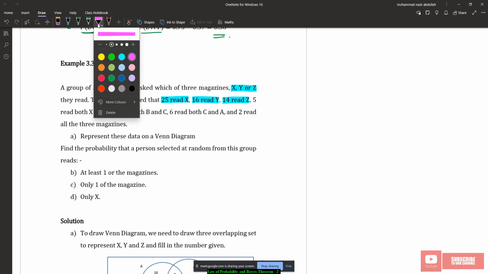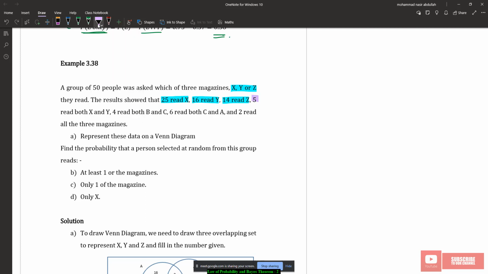And then we also know 5 read both X and Y, 4 read, this is Y and Z, and this is Z and X. Okay, boleh?